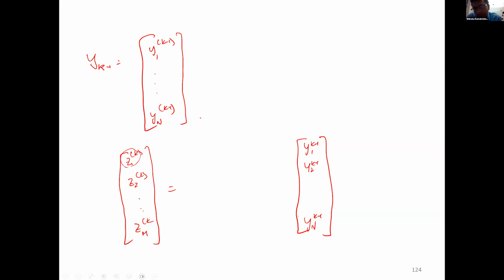Can anybody tell me? What multiplies y1 over here? Ketan. What multiplies y1 over here? W k. Yeah, but no, what multiplies this specific variable when I'm computing this?